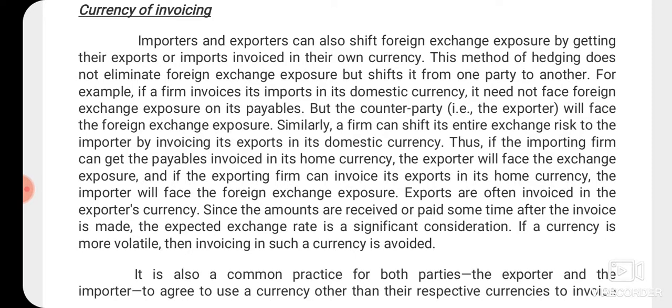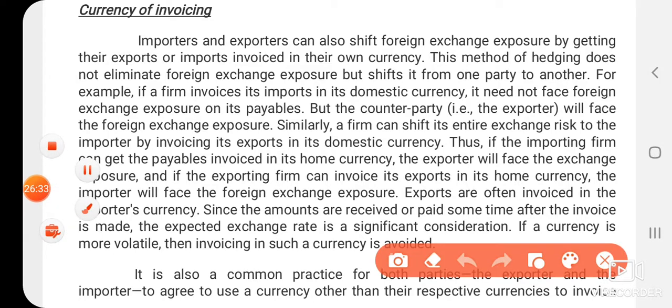They are not eliminating the risk, they are just shifting the risk here. Why? Because we know that it is a more volatile market. If a currency is more volatile, then invoicing in such a currency is avoided.